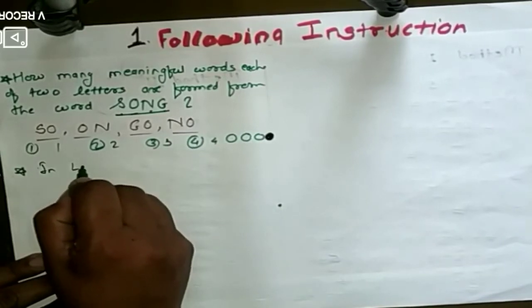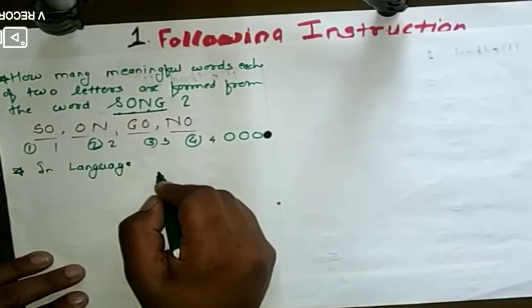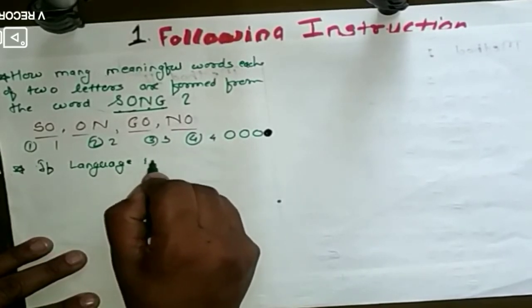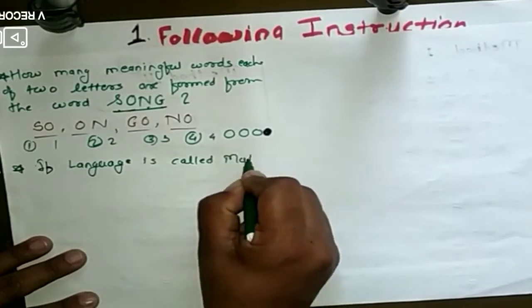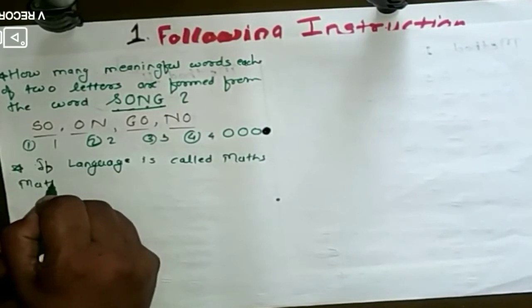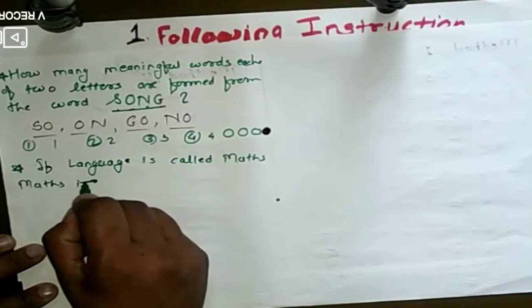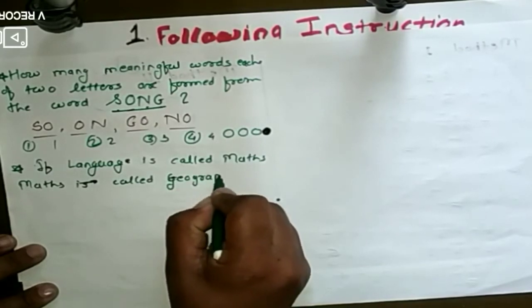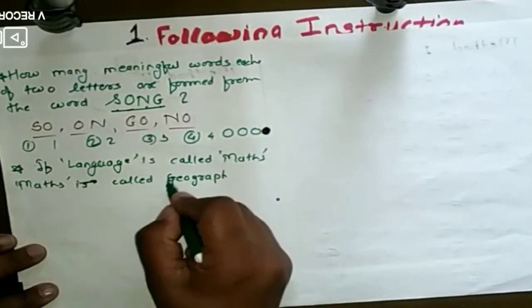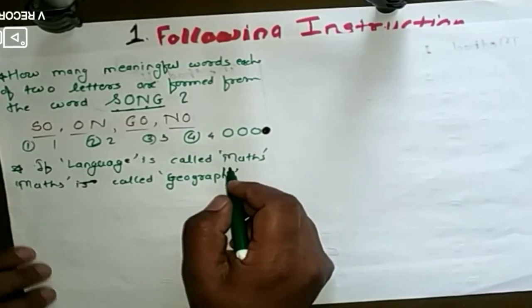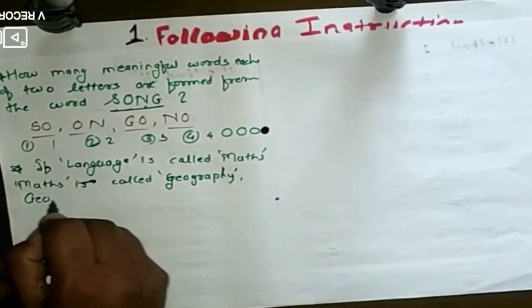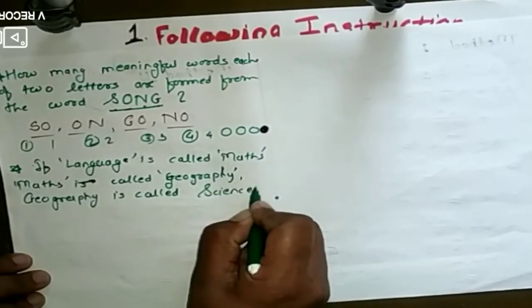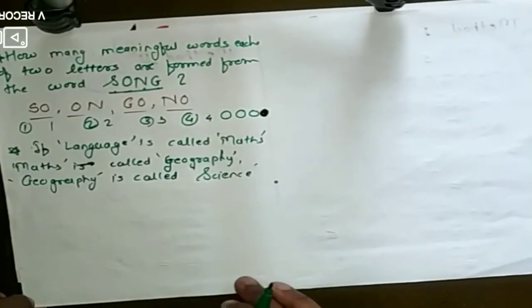In a language, if language is called maths, maths is called geography, geography is called science, and science is called history.